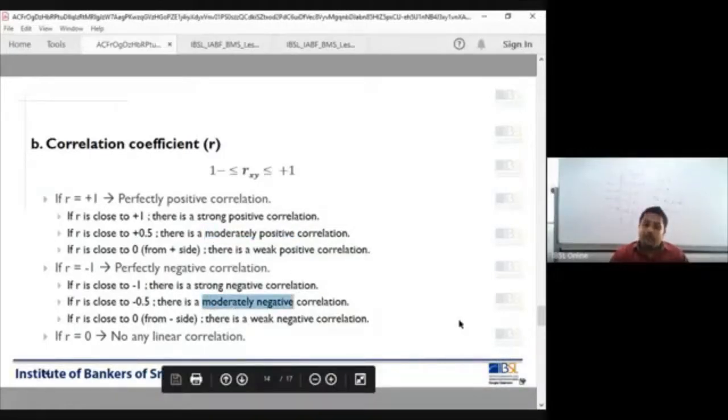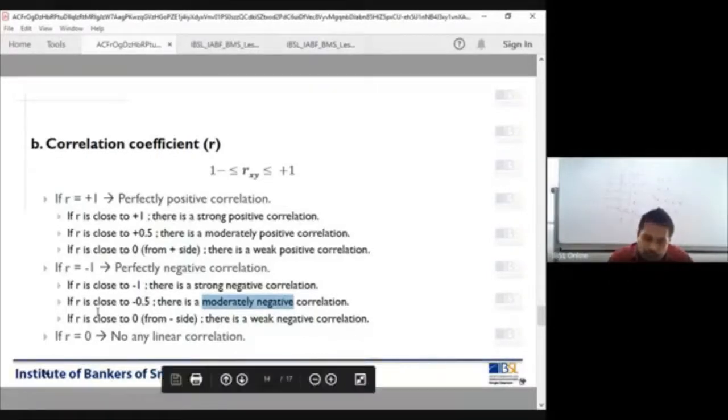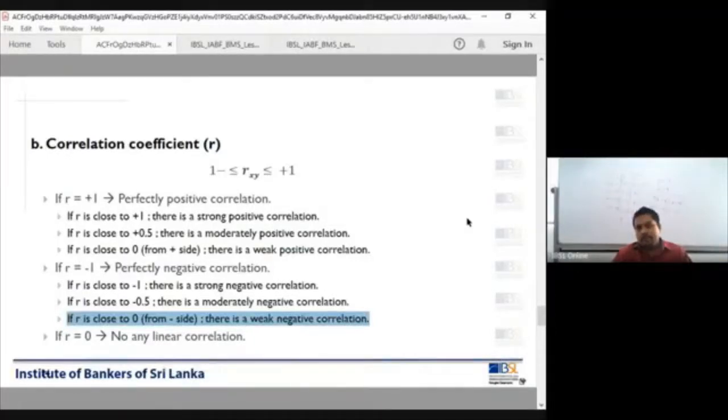If R is close to -1, let's say minus 0.98, that is very much close to -1, isn't that so? So minus 0.98 would be an example of strong negative correlation. How about minus 0.01? Minus, I repeat, minus 0.01. Close to 0, but from the negative side. These are instances where we are going to define as weak negative correlation. How about minus 0.1?